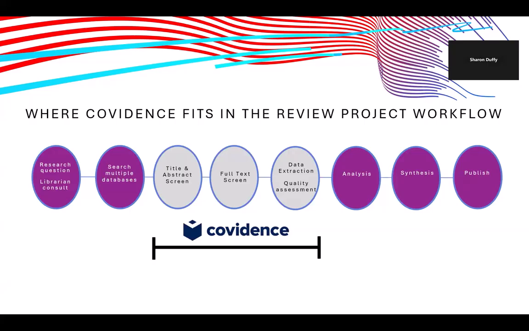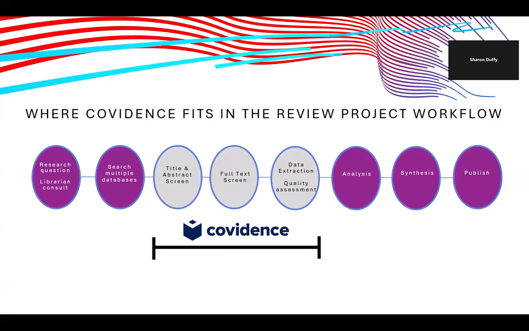So you definitely want to start with a research question and a librarian. Then once you finalize your question and nail down the search, that will be run in multiple databases. You'll run it in PubMed, CINAHL, Embase, Scopus, Web of Science, maybe Google Scholar, a whole bunch of different places where you will find citations.